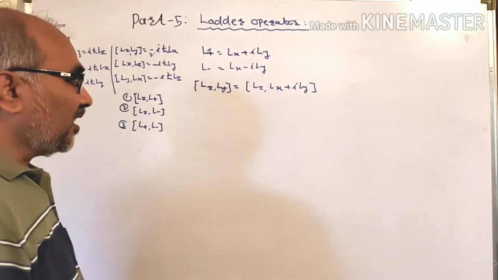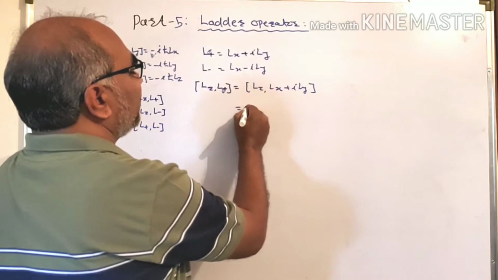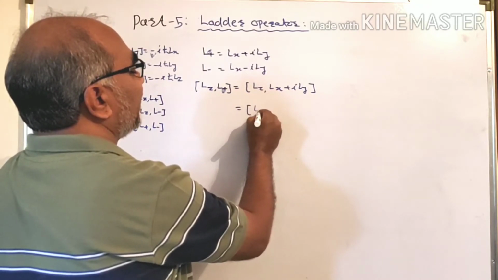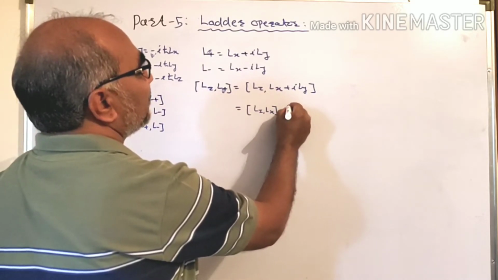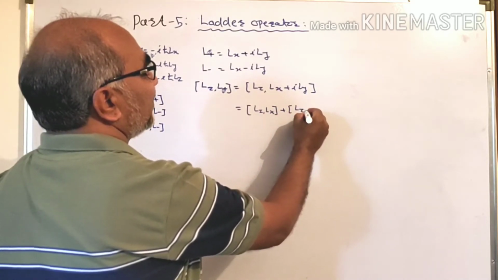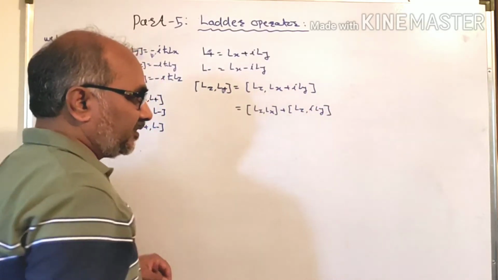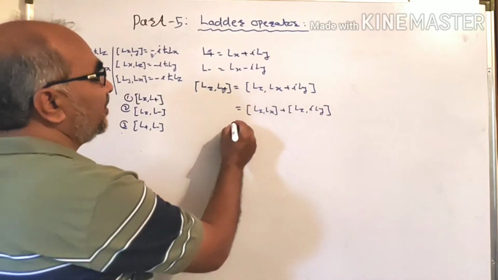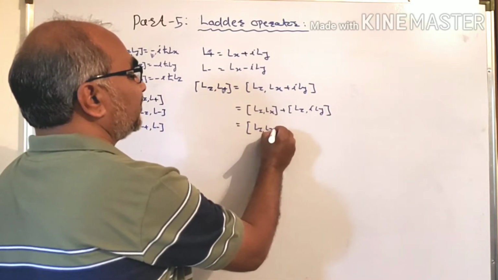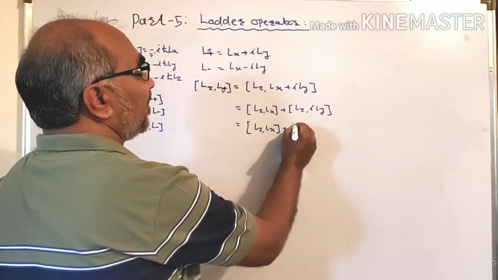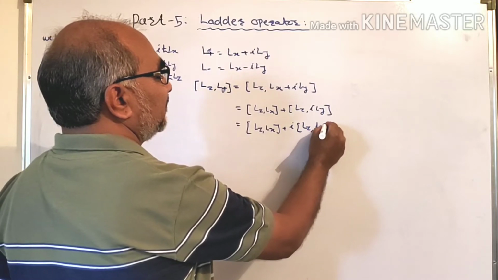This can be written as [Lz, Lx] plus i [Lz, Ly].